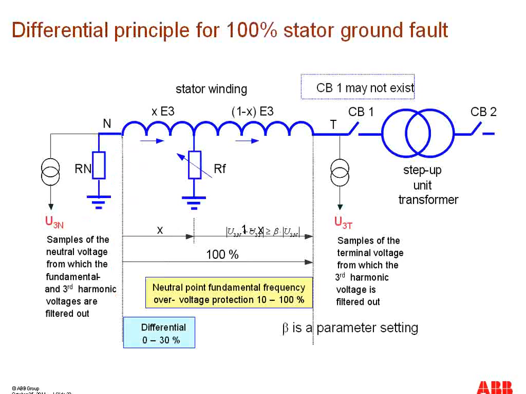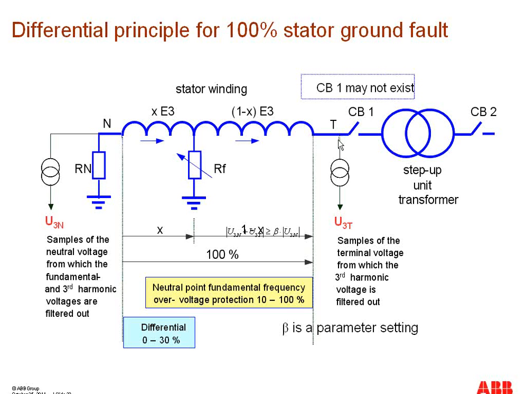Here you can see in this diagram, the generator is modeled as part of the winding where a third harmonic voltage is induced along the winding, represented by the voltage U3. As you can see, U3N is the third harmonic voltage at the neutral point, and U3T is the third harmonic voltage induced on the terminal side.